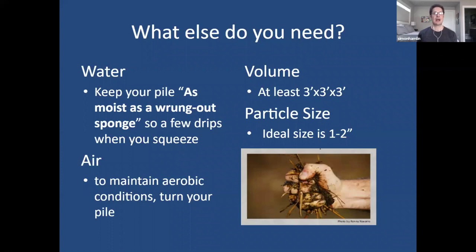So as moist as a wrung out sponge, basically a few drops when you squeeze, if you were to pick up a pile from your composting. Another important thing to keep in mind is the air portion of it. So when you think about aerobic versus anaerobic, anaerobic would be like the piles that factories have, where there's no air going through it.